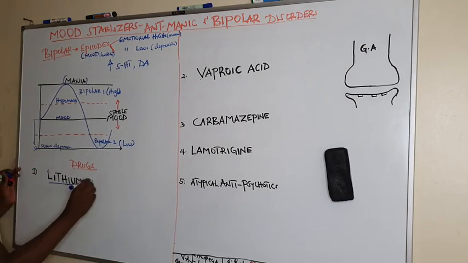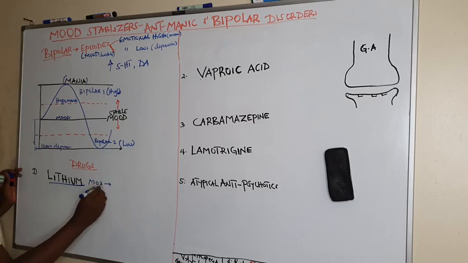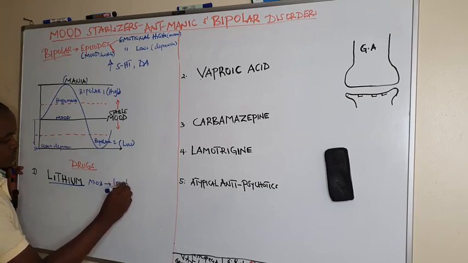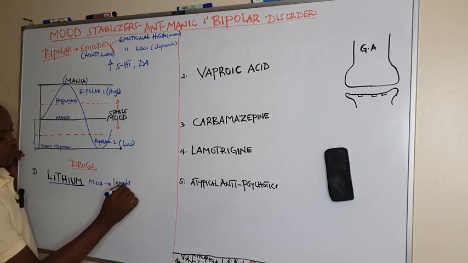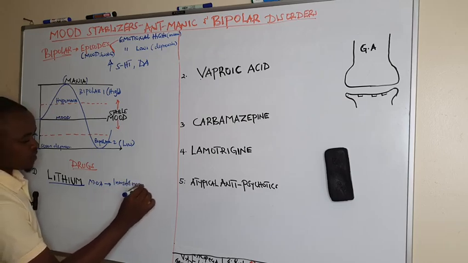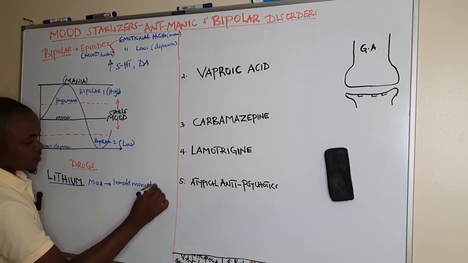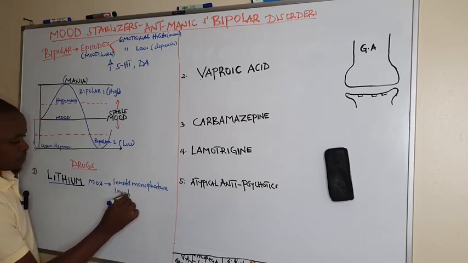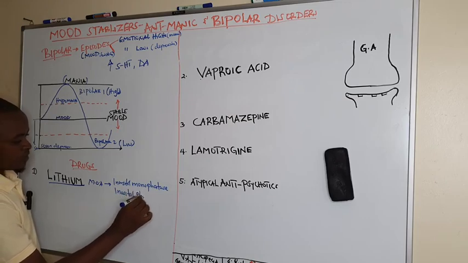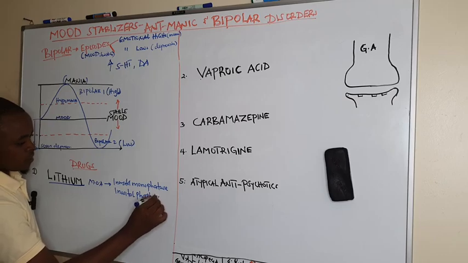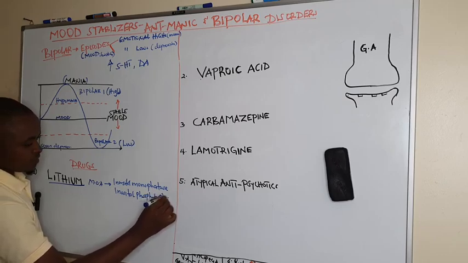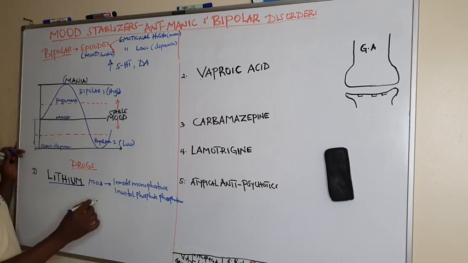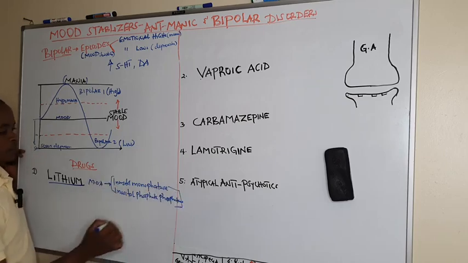Its mechanism of action is that it acts by inhibiting inositol monophosphatase and inositol phosphatase. So these are two enzymes which are inhibited by lithium.